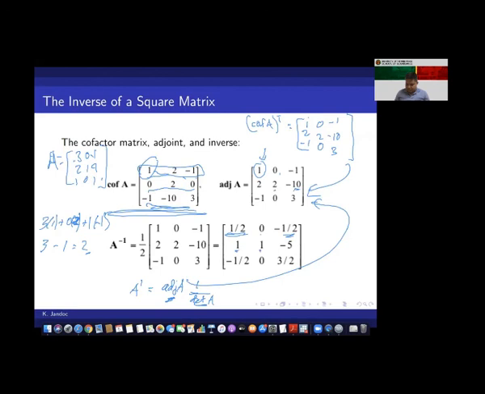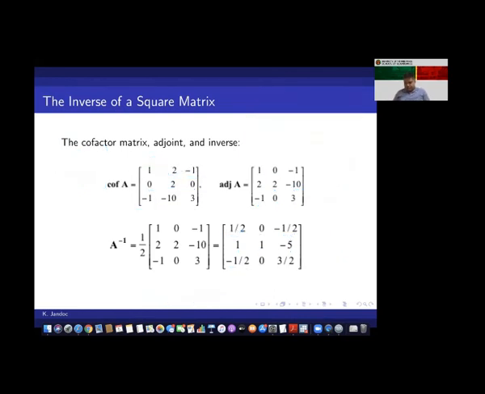Negative 10 divided by 2 is negative 5. Negative 1 divided by 2 is negative 1 half. 0 divided by 2 is 0. And 3 divided by 2 is positive 3 halves. So there you have it. We claim that this is the inverse of A.